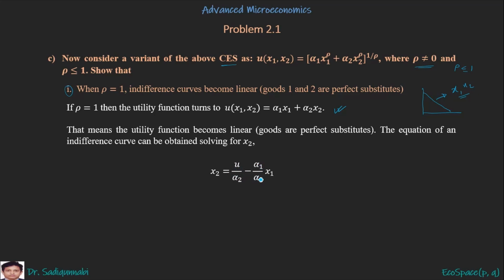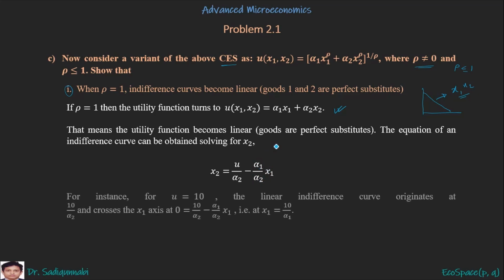So for instance, if utility equals 10, the linear indifference curve originates at 10 upon alpha 2. That means it crosses the axes at, if this is the x1 axis and this is the x2 axis, this point 10 upon alpha 1 and this point 10 upon alpha 2.